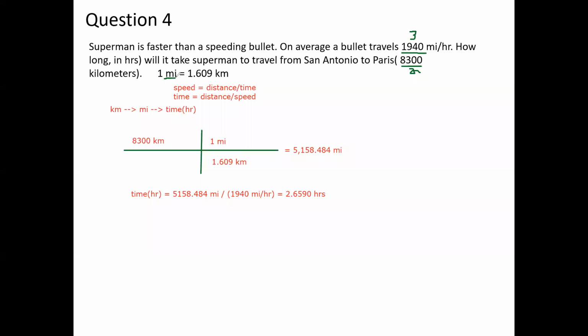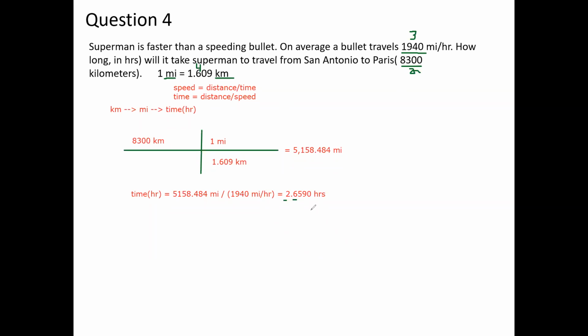Mile is in the English system, kilometers in the metric system, so this is not exact. This has 4 significant figures. So since 2 is the least number, we're going to round this to 2 significant figures.